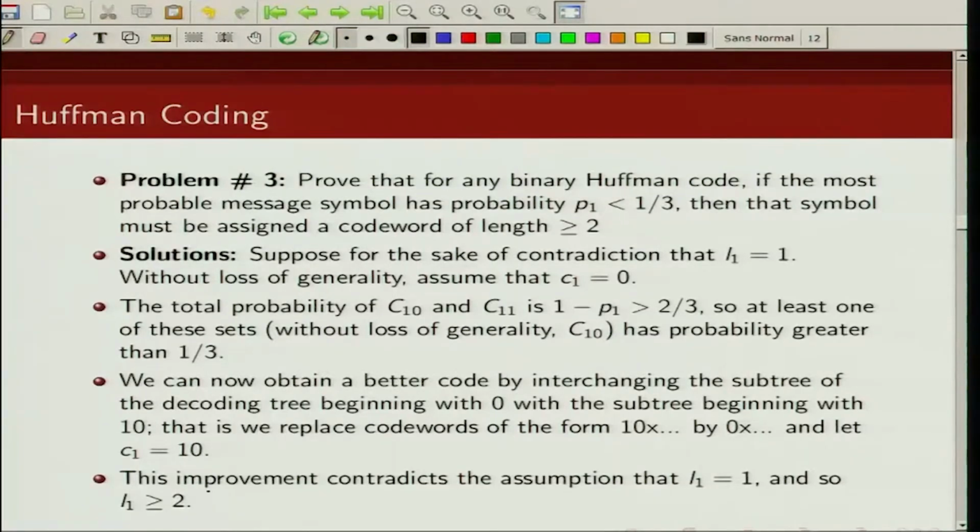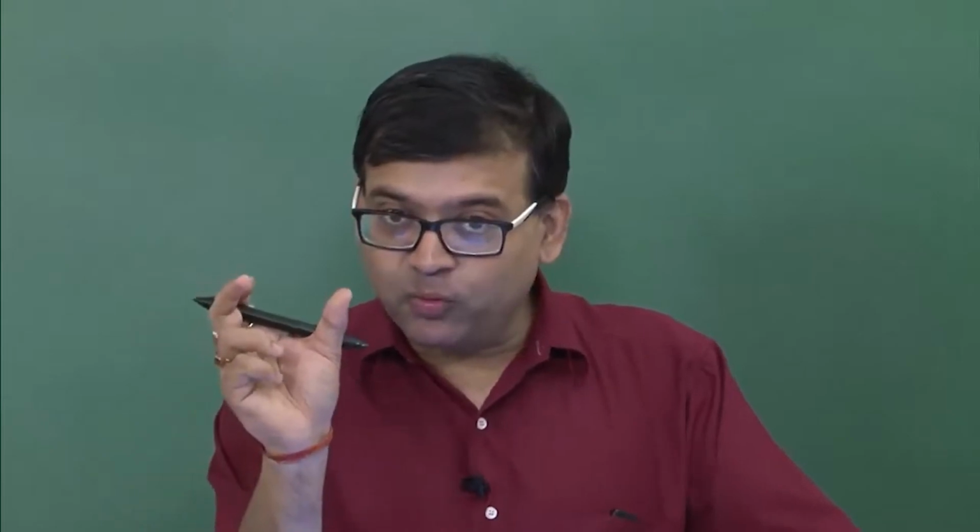As I said, this improvement contradicts the assumption that the most probable message symbol has code word length 1, and hence this most probable message symbol, which has probability less than 1 by 3, must have a code word of length at least 2. It cannot have code word length of 1.